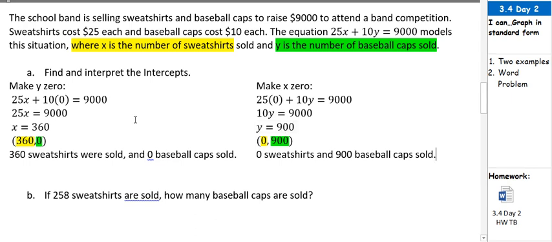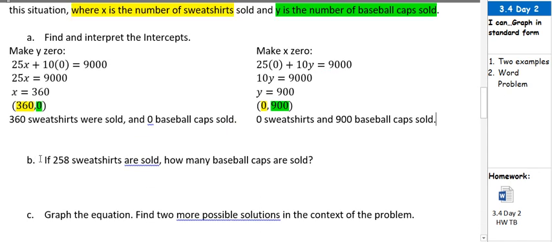Notice the difference. It's like we're looking at either extreme. We need 9,000 total. We've got options between sweatshirts and baseball caps. But what if we only sold our sweatshirts? Here, what if we only sold baseball caps? How many of each would we have to sell?